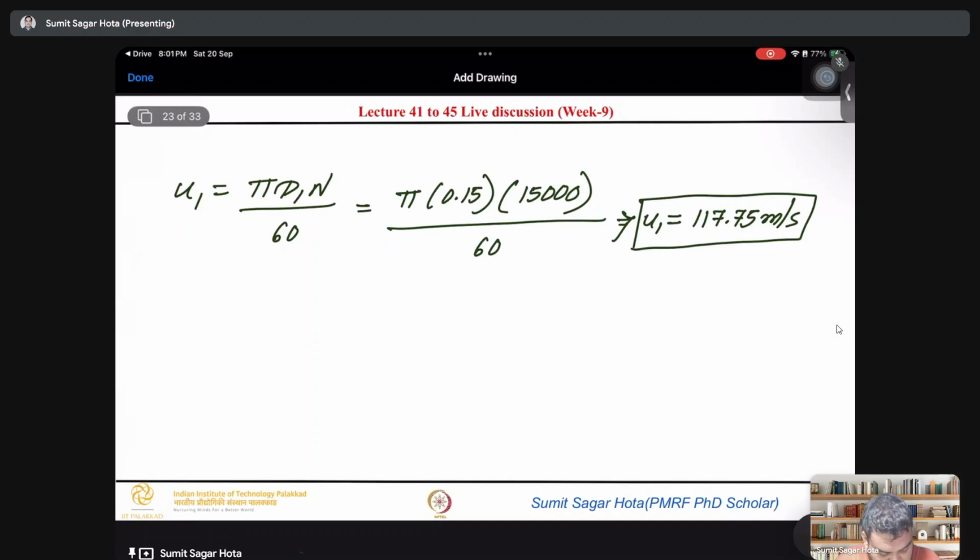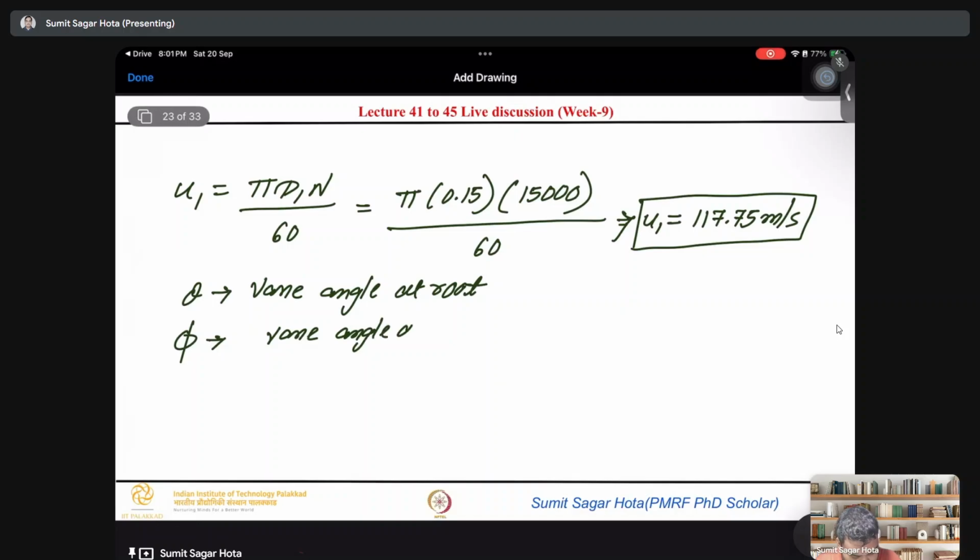Okay, so theta is your what? Theta is your vane angle at root, and phi is your vane angle at tip.